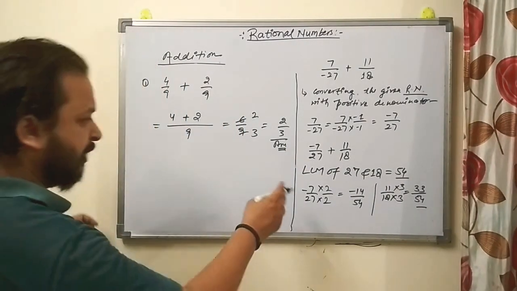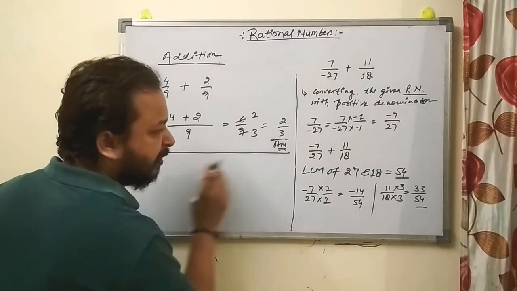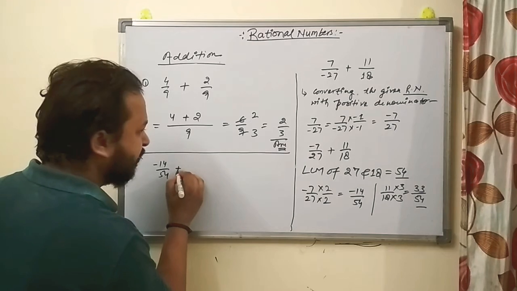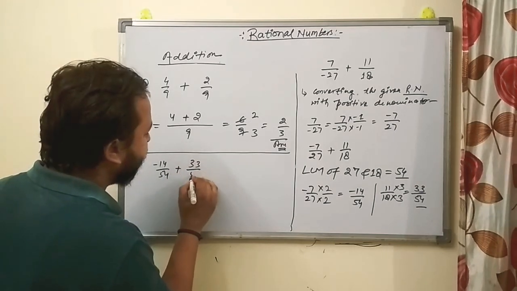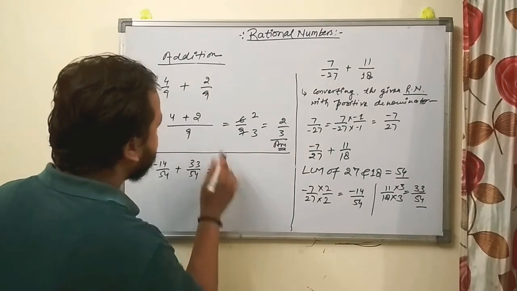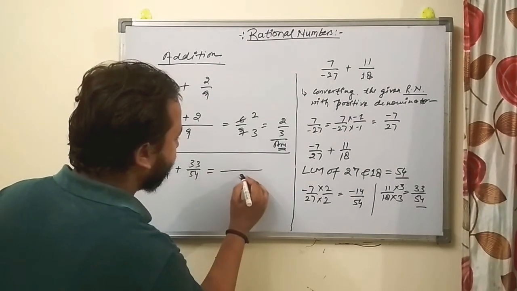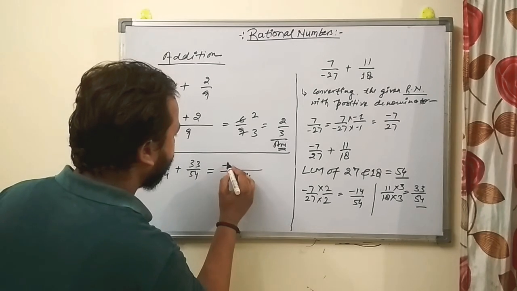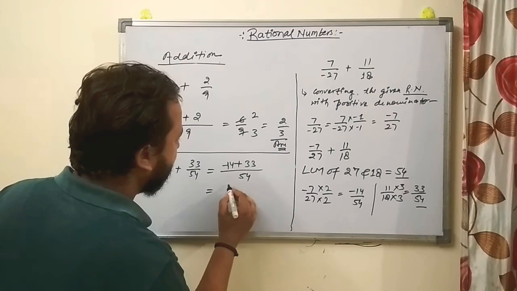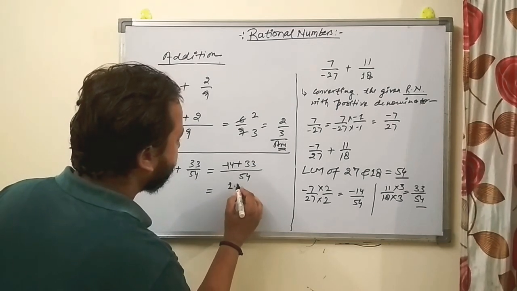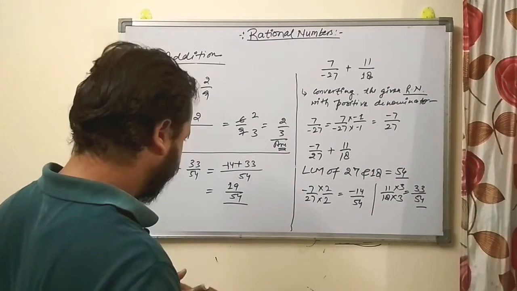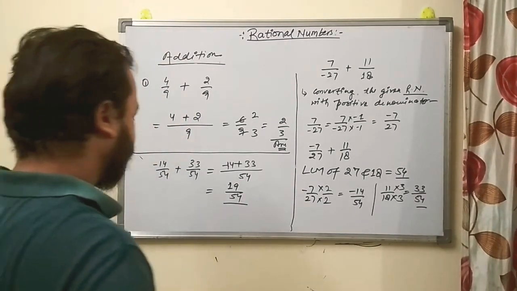So I'm solving it here. The numbers are minus 14 by 54 and 33 by 54. The denominators are the same. Just follow the first part. So 54 here, minus 14 plus 33, that is 19 by 54, right?